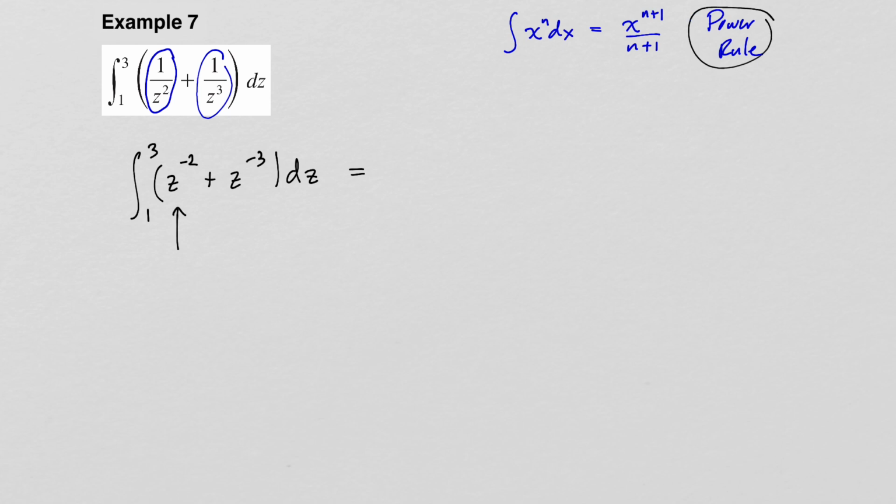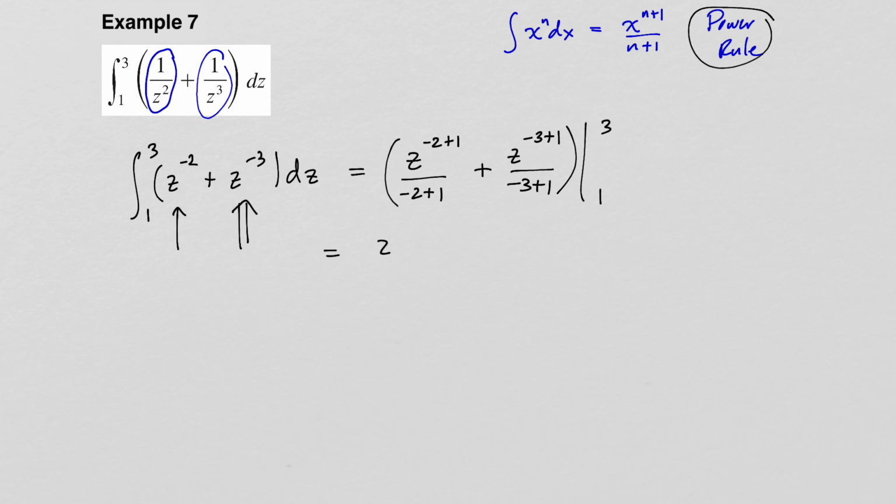So the antiderivative of z to the negative 2 is z to the negative 2 plus 1 divided by negative 2 plus 1, plus the antiderivative of z to the negative 3 is z to the negative 3 plus 1 divided by negative 3 plus 1. And once we simplify all that, we're going to evaluate it from 1 to 3.